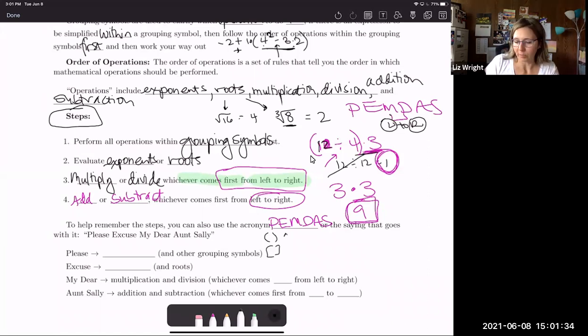Then it's exponents, multiplication, and division, but again, that's from left to right. And same thing with addition and subtraction, from left to right. So be careful on that. So please, when we're doing our please excuse, we're just going to fill that in, parentheses.